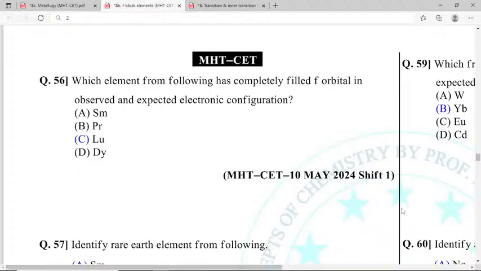Which element has a completely filled f orbital? Completely filled f orbital, so 4f14. Lutetium is the answer, 4f14.